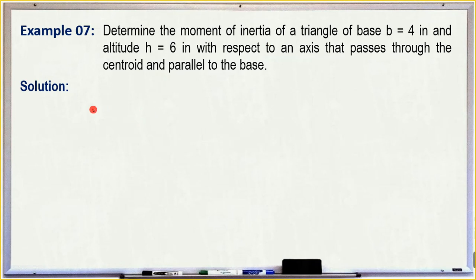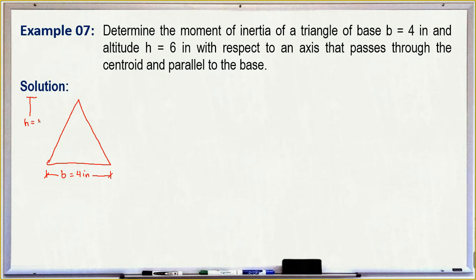So here we have a triangle. So we're going to draw the triangle. It was not stated what kind of triangle it is, isosceles or scalene. So we just have a base equal to 4 inches, and then the height is 6 inches.